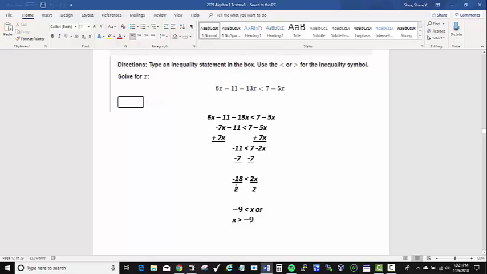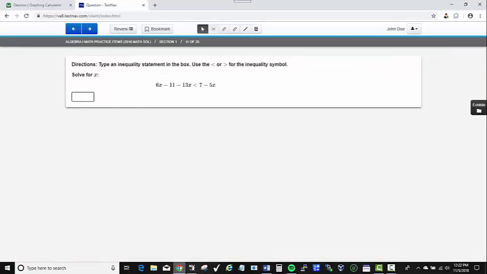Then negative 18 divided by 2 is negative 9, which is less than x, or if I flip it around, x is greater than negative 9. Okay, the steps make sense here. All right, so x is greater than negative 9. Yep. And we go on to the next one here. All right.